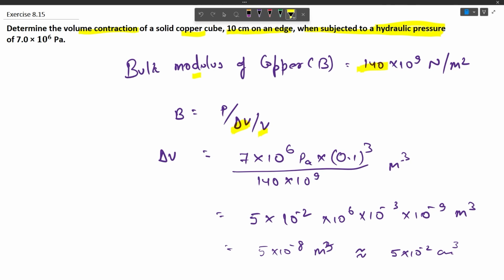We have to determine the volume contraction, so we have to calculate delta V, how much volume is contracted. Upon solving this, as per the given data, the change in volume delta V upon application of 7 megapascal is 0.05 centimeter cube. Thank you.